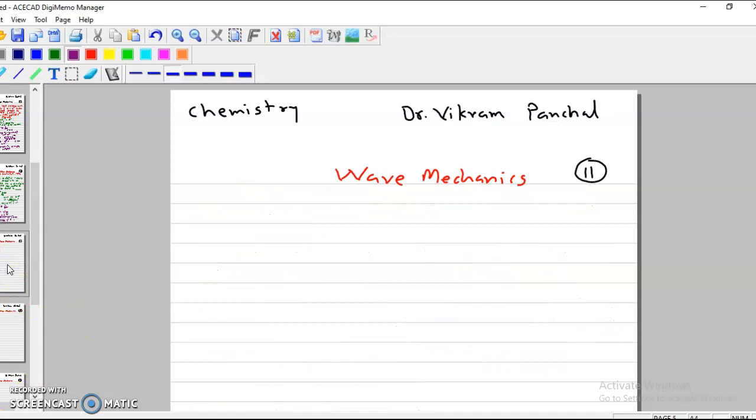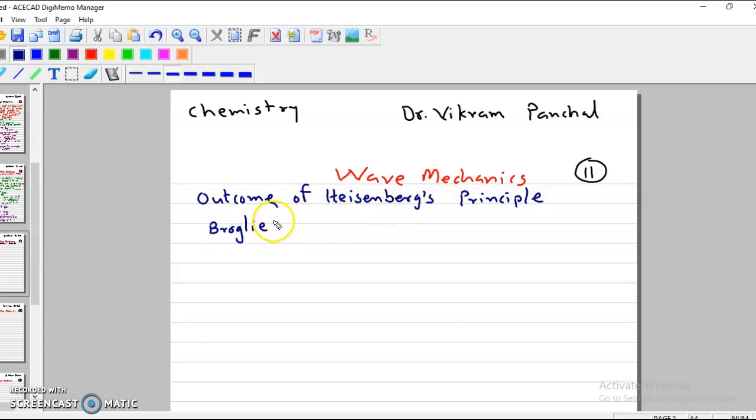Okay. Now we will see what is the outcome of Heisenberg's uncertainty principle. Before that we will discuss de Broglie's principle, because that is also in favor of Heisenberg's model.